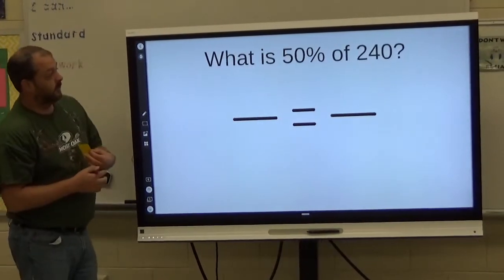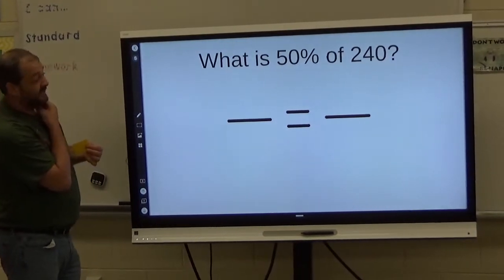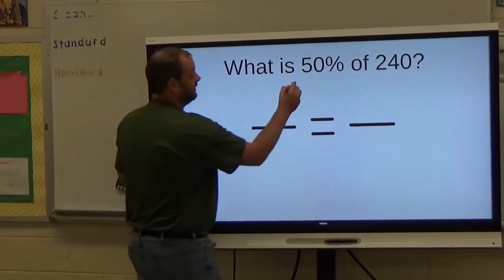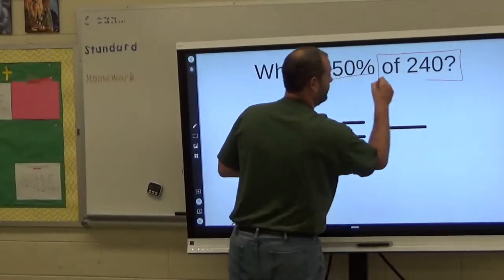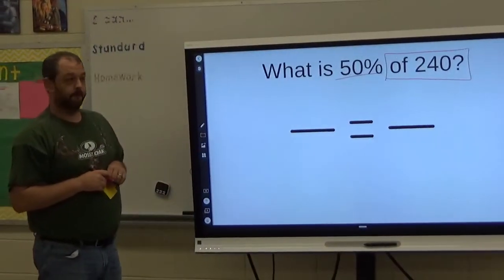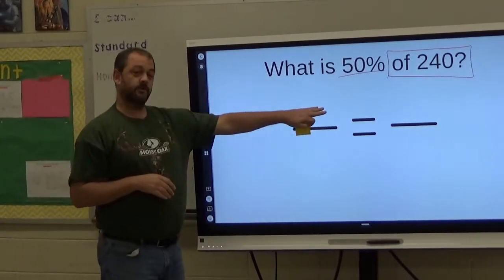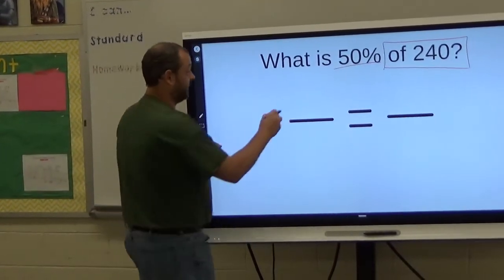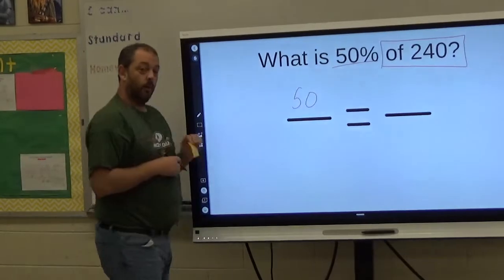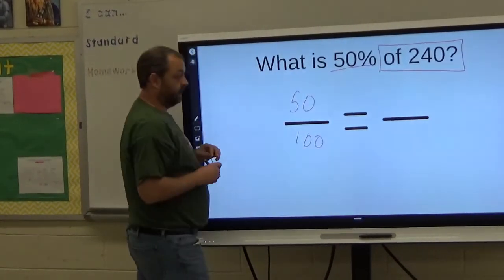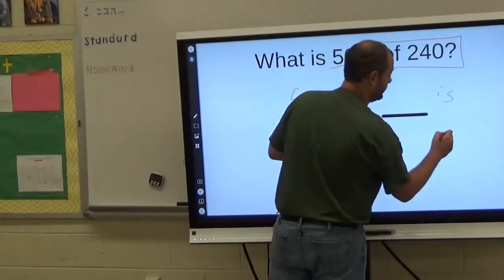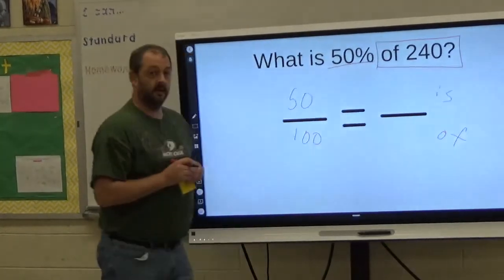Next. Okay, what is 50%, underline the percent, of 240? What always goes top left? Percent. So 50. What always goes bottom left? 100. Now, remember, is over of.